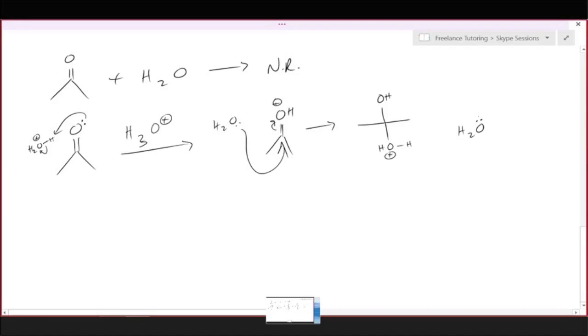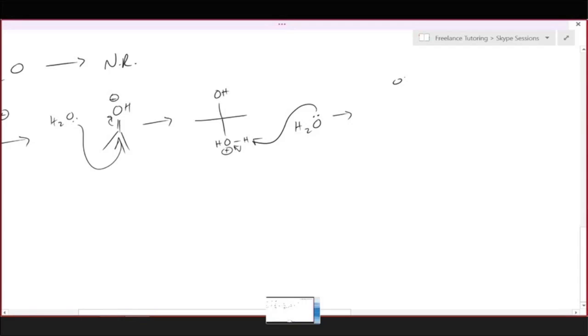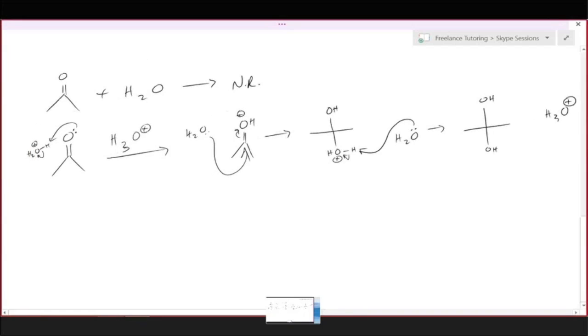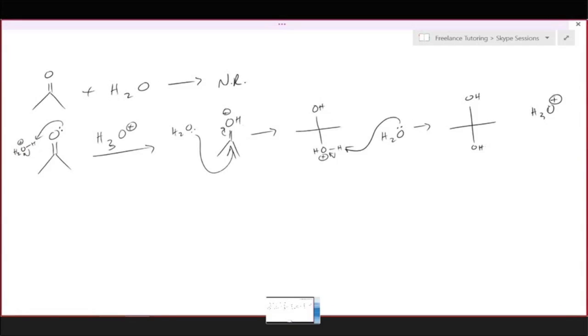Because water is the solvent, I can pull another one out of there. Great. And the H3O+ would basically be an acid catalyst, ending up with the same thing at the end. That's right. That's a good analysis. It did turn out to be a catalyst. Very good. Okay. Excellent. All right.